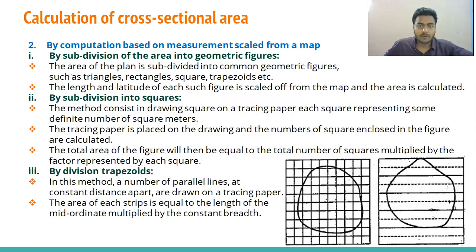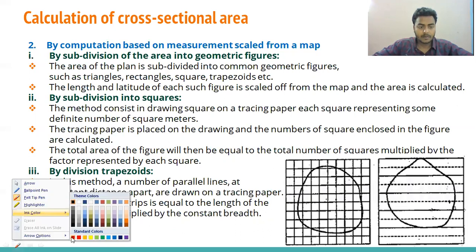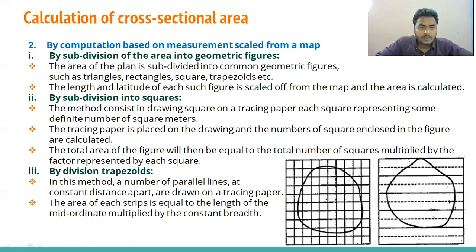Now, computation based on the measurement scale from the map. So how can we calculate the measured area on a map? There are three methods. The first method is subdivision of the area into geometric figures, such as triangles, rectangles, squares, and trapezoids.